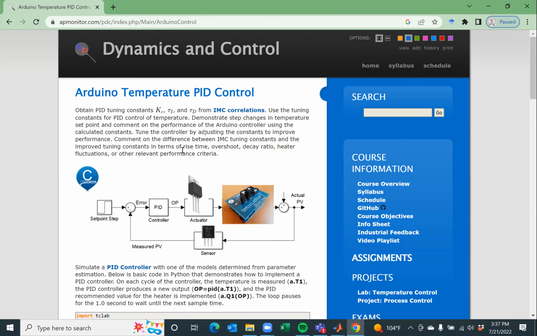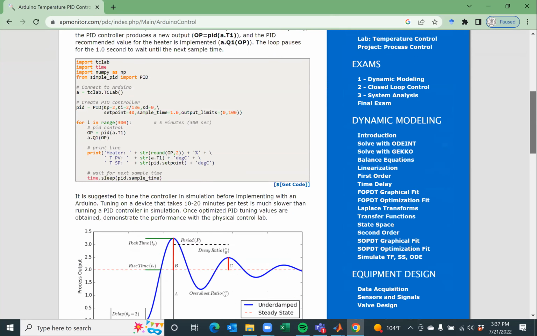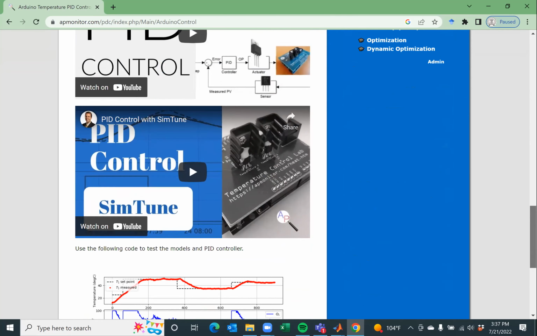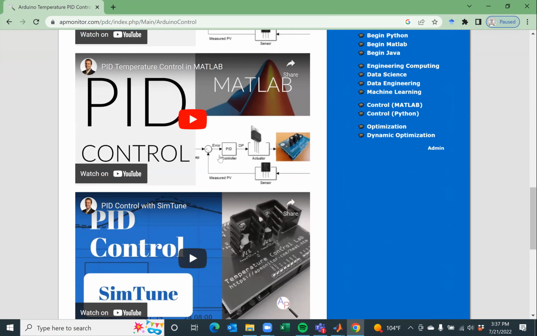So the assignment for today, that will be due next Tuesday, is to do this Arduino temperature control lab. It talks about how to do this lab in PID.